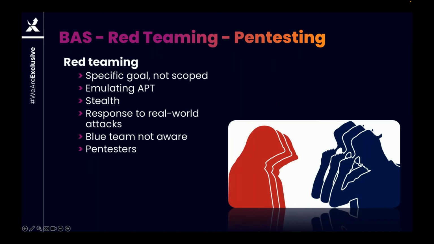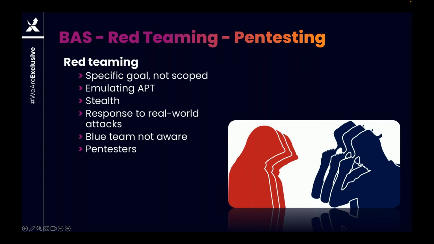This is in contrast with red teaming, where an exercise is not scoped, but it has a specific goal. For example, you want the red teamers to start with an assumed breach position, and they need to gain access to a sensitive server and exfiltrate some data from that server. They have a goal to achieve, and the blue teams are allowed to act.